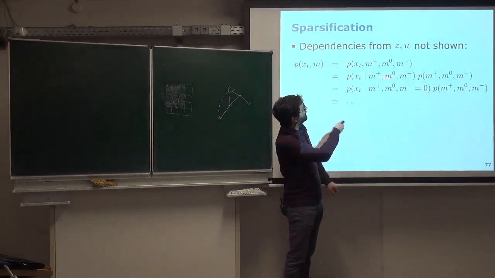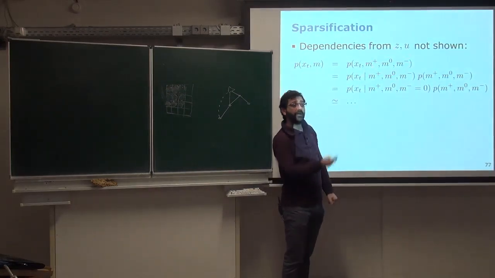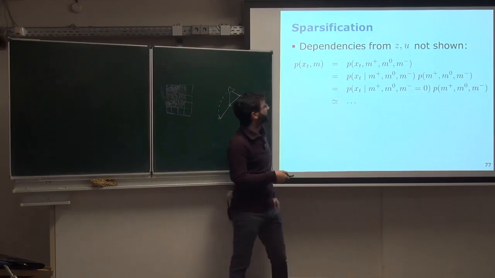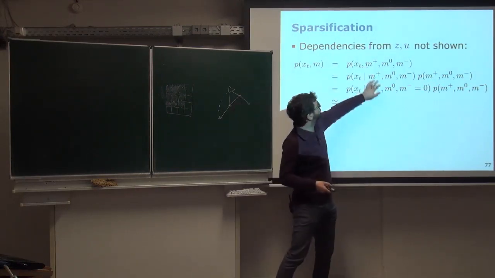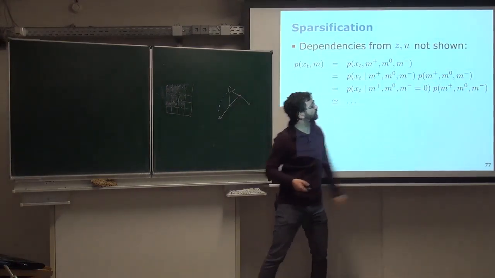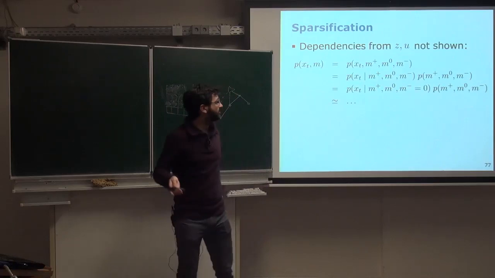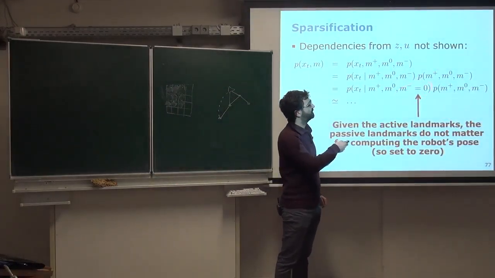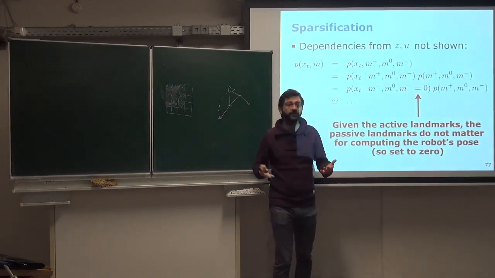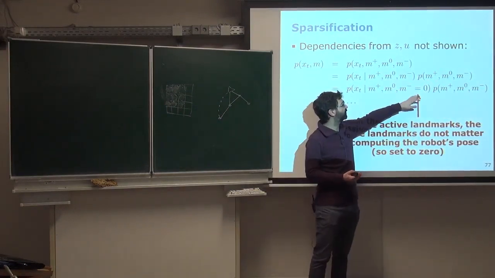And we can rewrite it in terms of the three sets that we defined before. We can see that this can be decomposed into a lot of different parts. So the joint becomes a conditional times the joint of all the landmarks. And what we do here is we are considering the passive to be 0. We don't really need to do it, but it simplifies some computation.